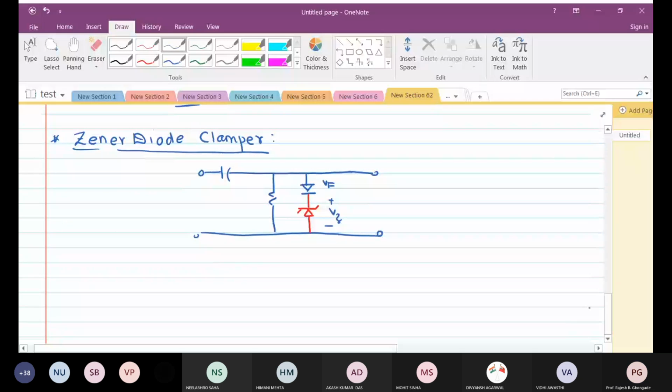Again, the concept here is that you rely on the breakdown mechanism of the Zener diode.